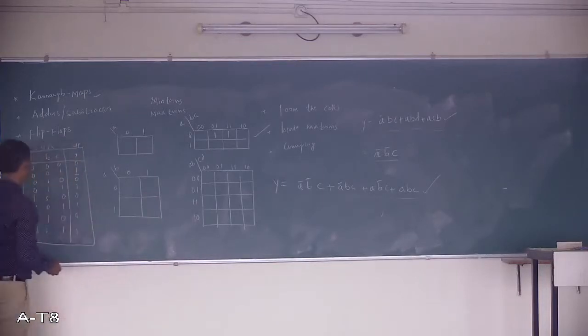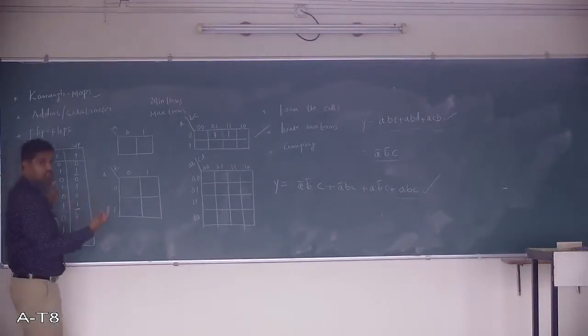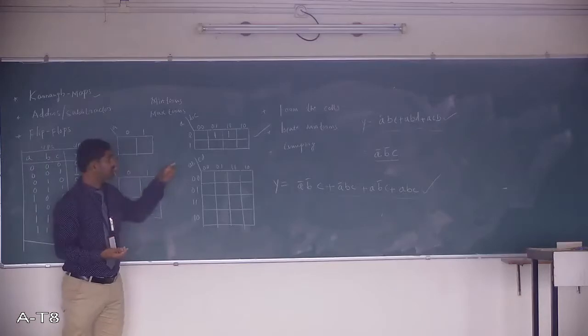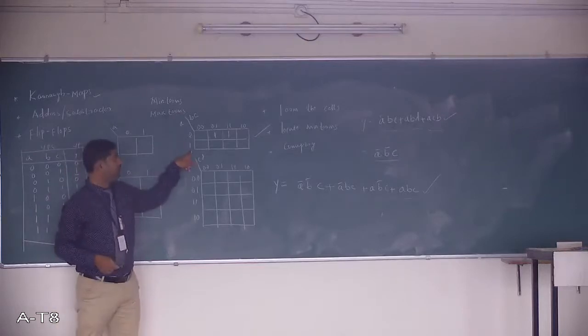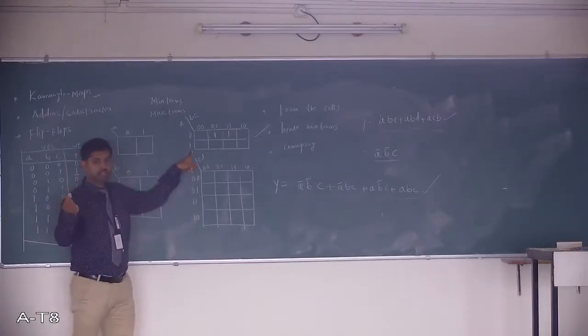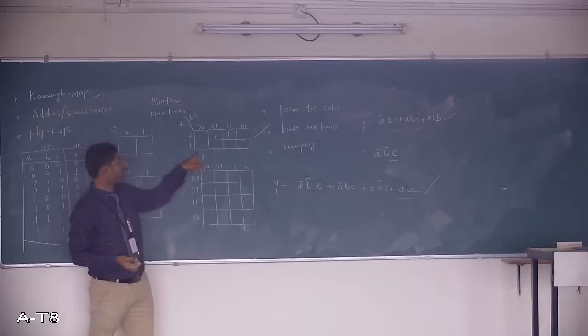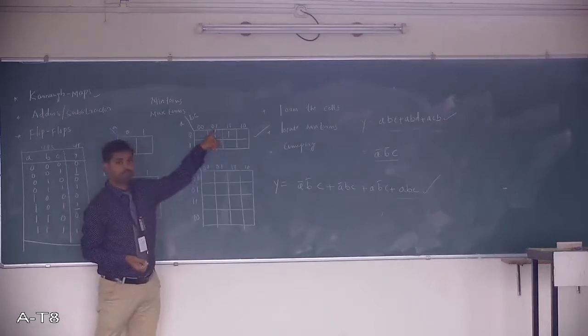Again this is 1 here, 1 0 1. Check it, where is that combination? A is 1. It means you should come to the bottom row, because in the top row A is 0. Where are the next two bits? 0 1. Where is the 0 1? Here. So this bit.